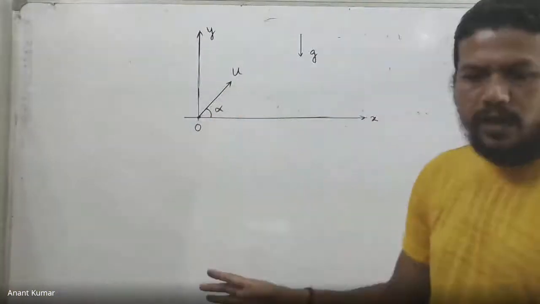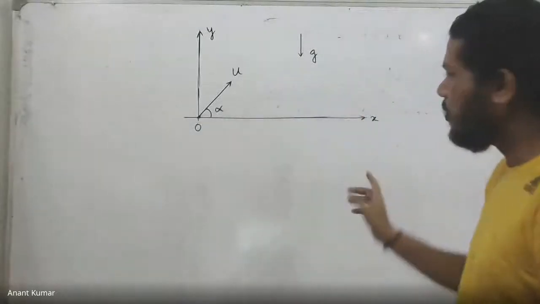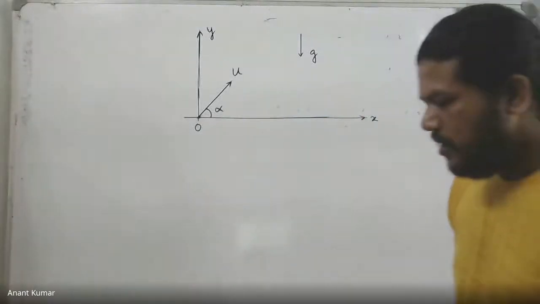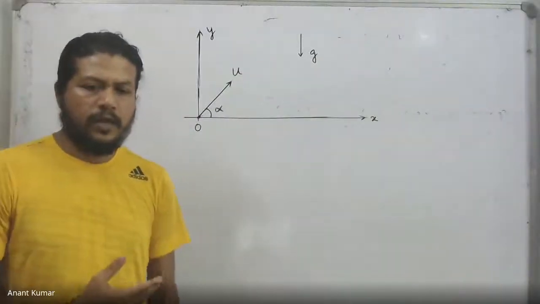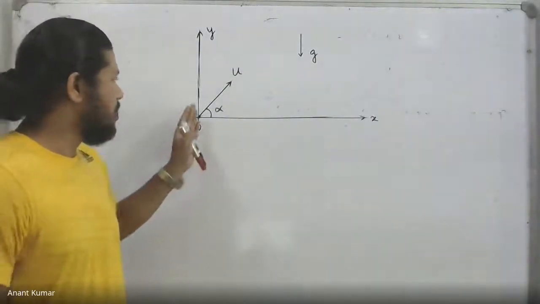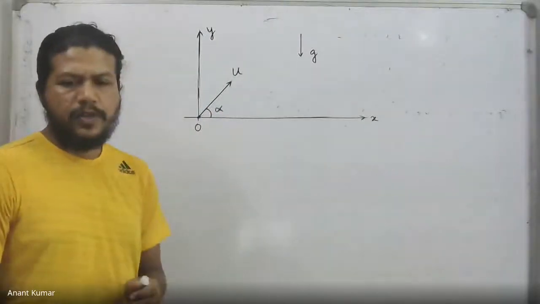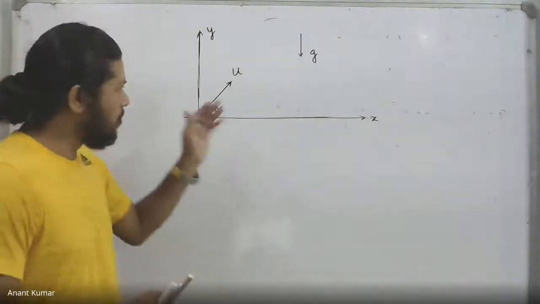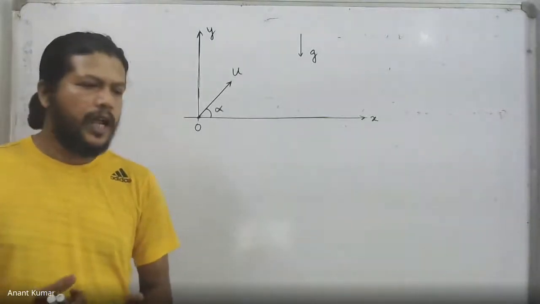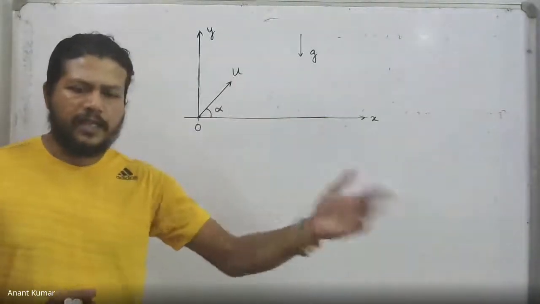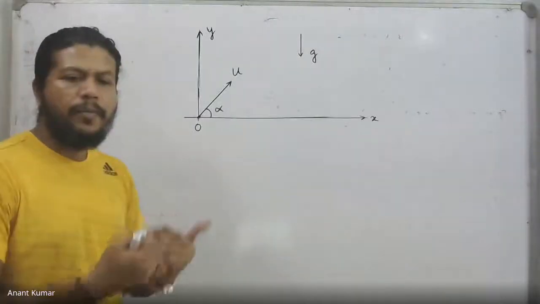We stand on the ground and look at the object, and the path will be something like this, that we know by experience. But if we start running along the ground with the same speed as the horizontal speed of this object, you will see that the object no longer goes in a path like this. In fact, it goes vertically up and comes down.